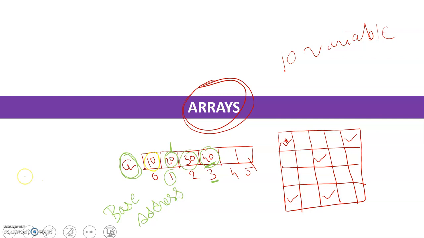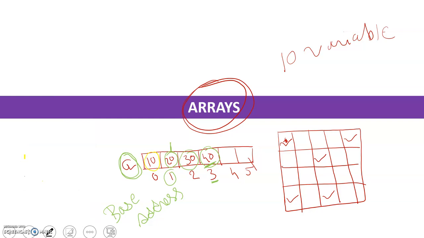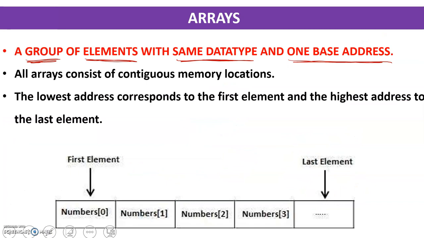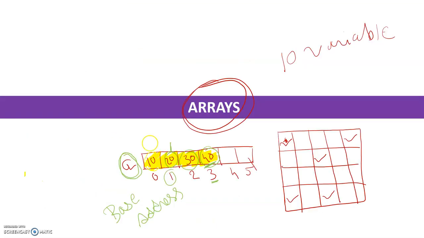So here you can see the definition, and you can correlate it with this diagram. What is an array? A group of elements. Okay, this is the group of elements. Then same data type. Yes, we have all integer values.